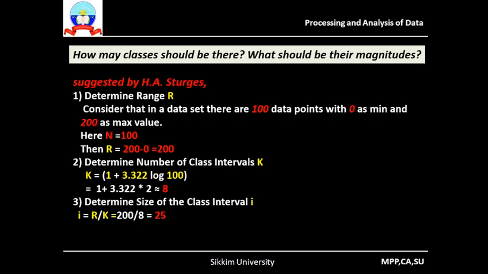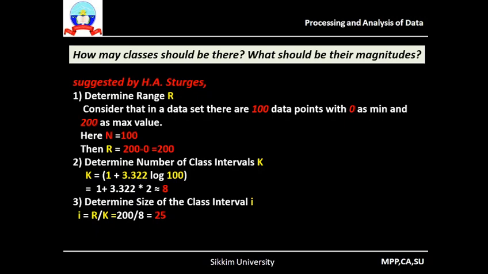Now let us try to understand it with the help of an example. Consider there is a data set with 100 data points, with 0 as the smallest item and 200 as the largest item. So step number 1, determine the range. Range is equal to 200 minus 0, that is 200.